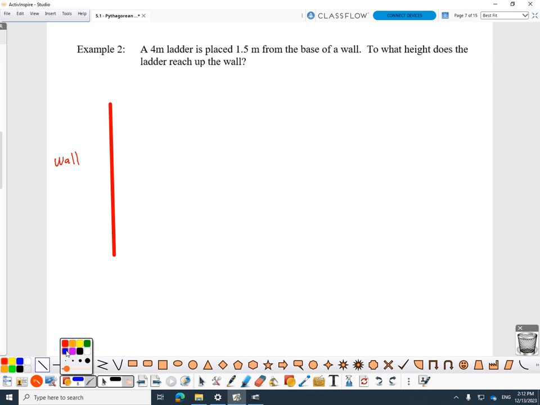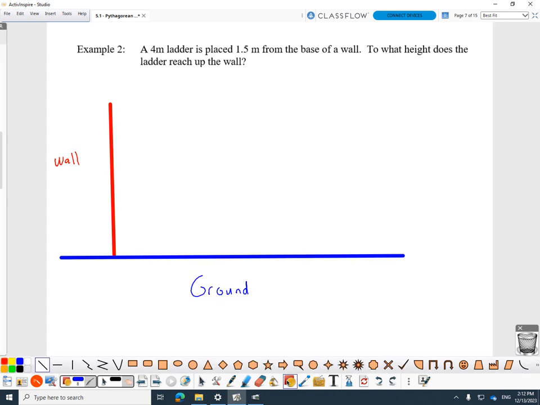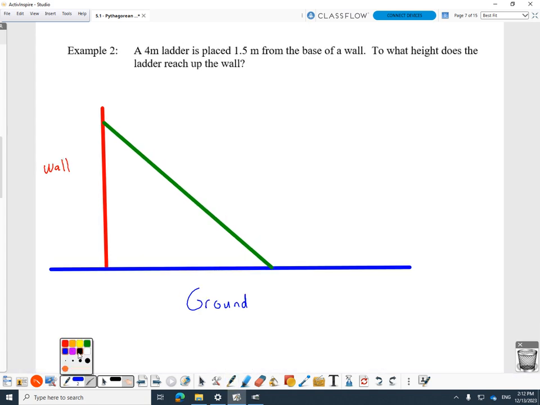You got blue floors at your house? Ground. And in festive green, ladder.